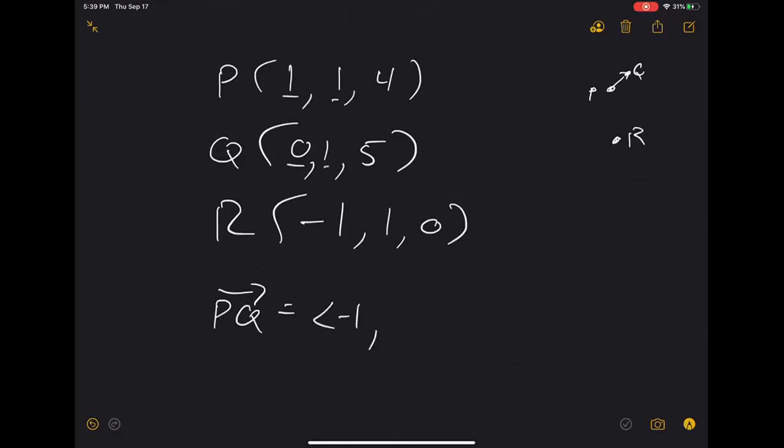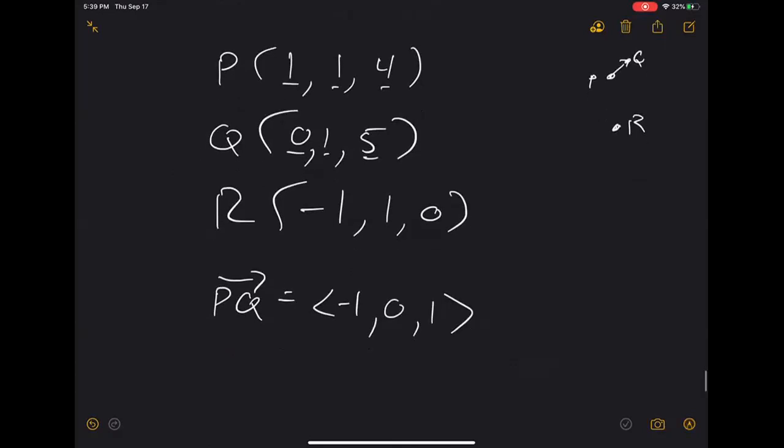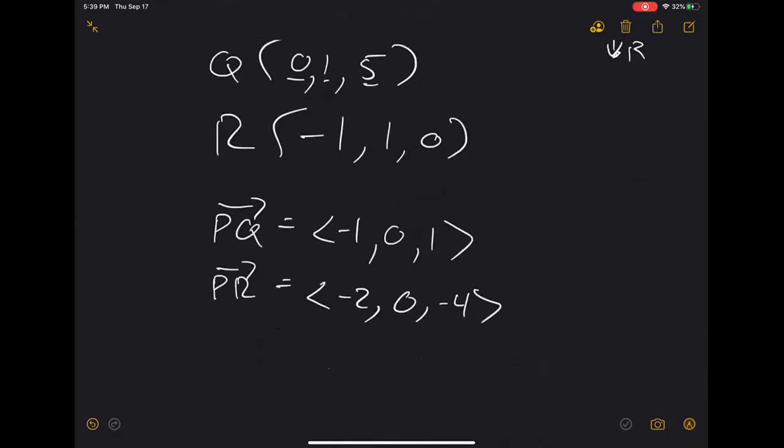That'd be 1 minus 1, so 0, and 5 minus 4, 1. Okay, so that's the vector PQ. Now let's find the vector PR. I do the same thing. That's -1 minus 1, so -2, 1 minus 1, so 0, 0 minus 4, -4. Okay, that's my vector PR.